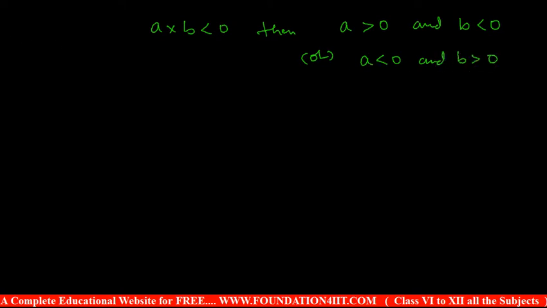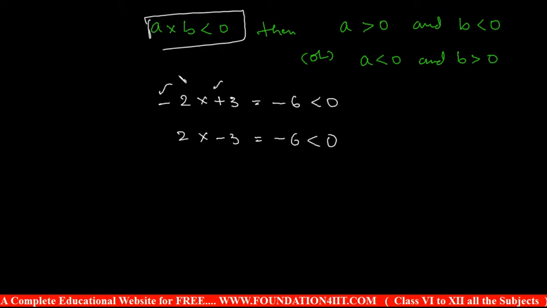These are the cases. Minus 2 into plus 3 is minus 6, which is less than 0. Even 2 into minus 3 is also minus 6, less than 0. If one is negative and one is positive, or the first is positive and the second negative, then the value is less than 0.